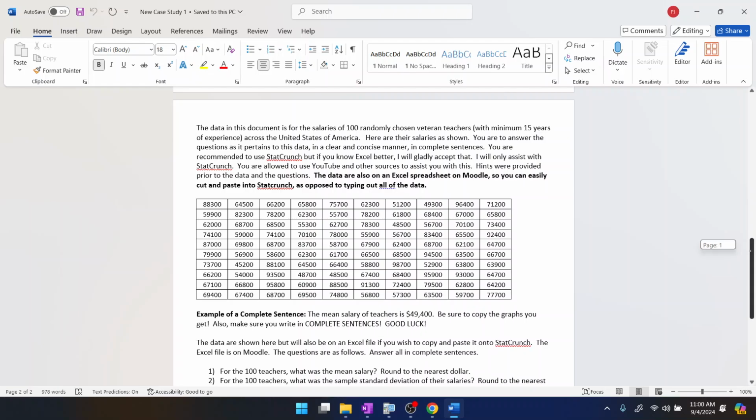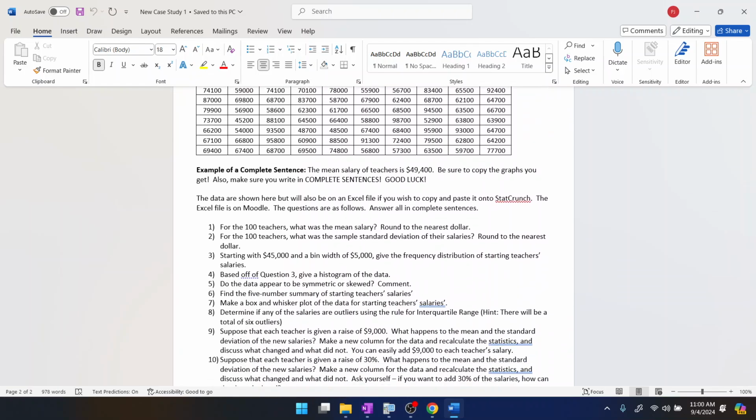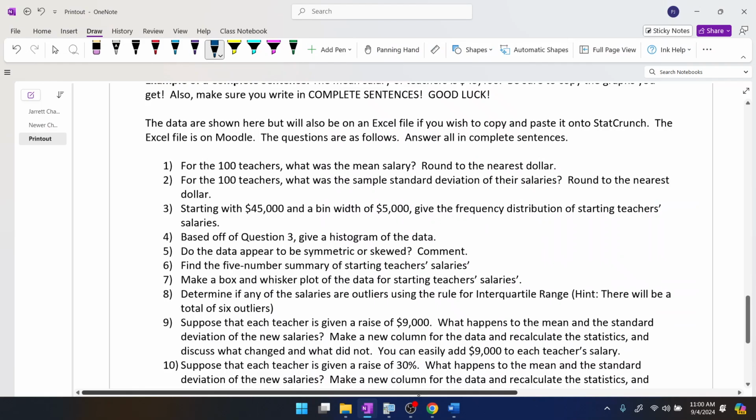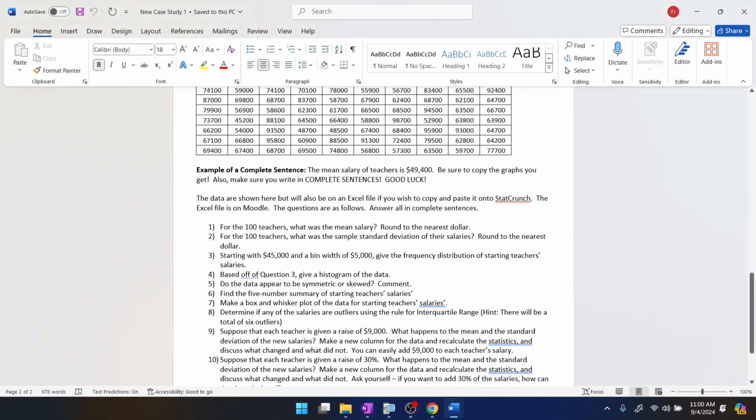So I've updated the assignment on Moodle to indicate that there will only be 6 outliers. Now, the other thing I want to talk about: with the frequency distribution, originally it said 50, but if you did it starting at 50, I'm not going to penalize you. So if you've already done that question, don't worry about it.